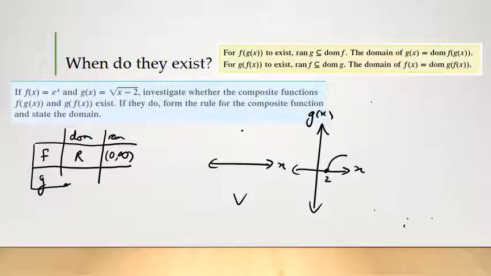Our domain would then be 2 to infinity, and the range will go from 0 to infinity. Once we have that, we simply check whether or not the ranges fit into the domains.